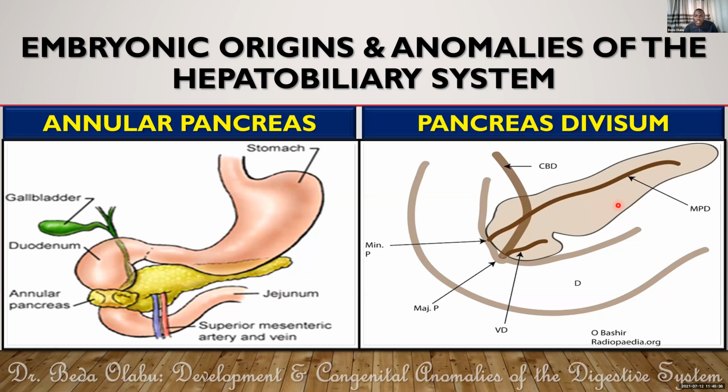So the pancreas is draining by two separate ducts, but interestingly, the large duct, the one of the dorsal bud, the main pancreatic duct, now is not draining to where the major duodenal papilla should be. The main pancreatic duct does not drain into the ampulla of Vater. It is draining into another minor papilla. That's what we call pancreas divisum.